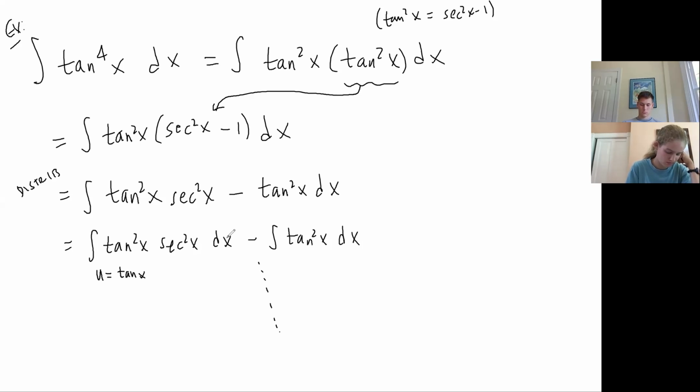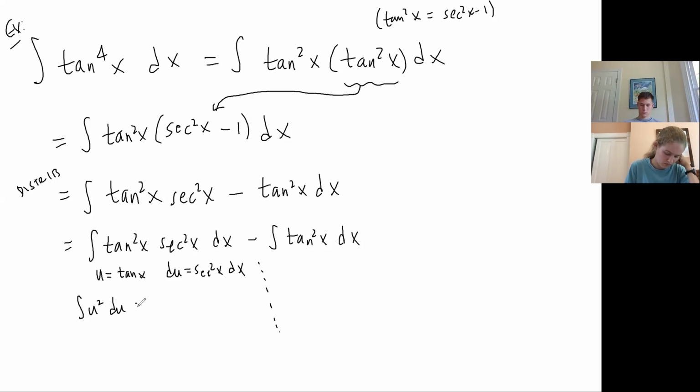So this part right here should be du, and in fact it is. The derivative of tangent is secant squared. And so that lines up perfectly. In the first integral here, this is u squared, and the rest is du. This is sort of as easy as you're going to get.